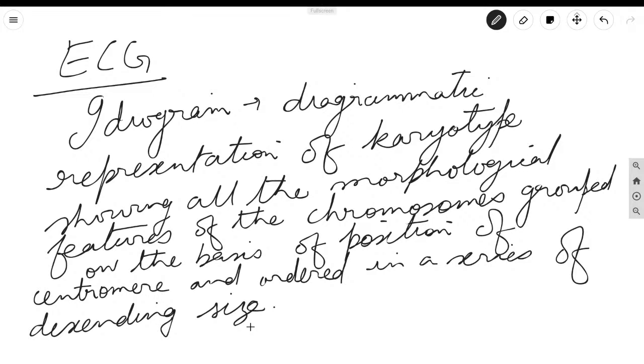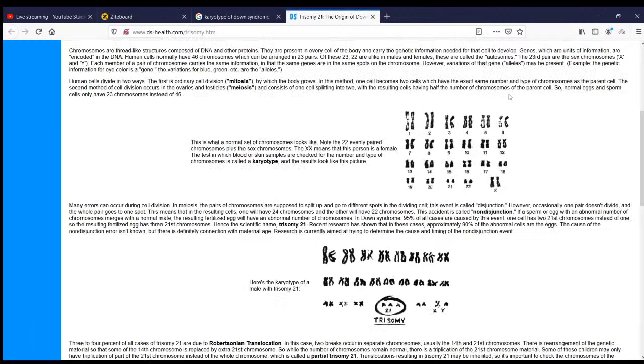So that is the ideogram. Means ideogram is this only, which I just showed you. This is ideogram, the diagrammatic representation of the karyotype. The karyotype is what's being generated, but once you represent it in a diagrammatic way, in order for scientists in the labs to interpret, or anyone online to interpret, or any teacher to explain it to you.